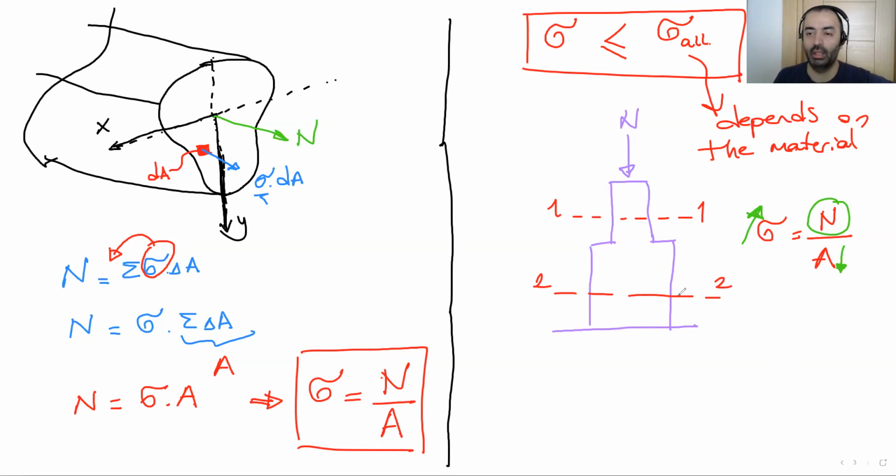So I try to find the maximum stress on the minimum area, which is on the 1-1 section. Now, actually, the axial stress concept is this.